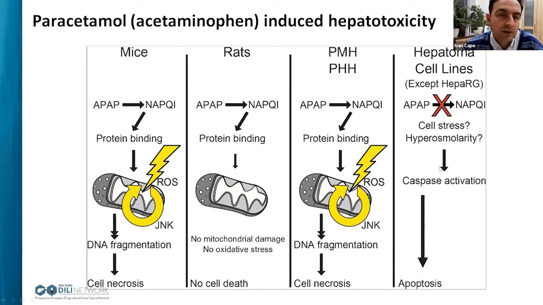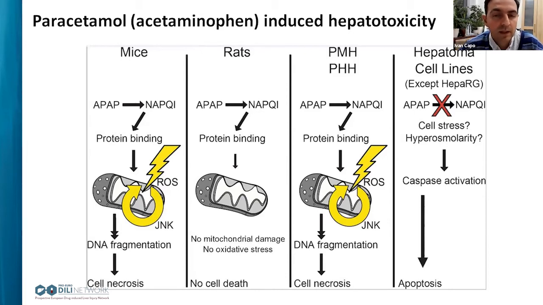A lot of laboratories, and also my laboratory, use hepatoma cell lines as an in vitro model of hepatotoxicity sometimes, but we need to know that the changes in the hepatocytes are not necrotic, they are actually apoptotic.